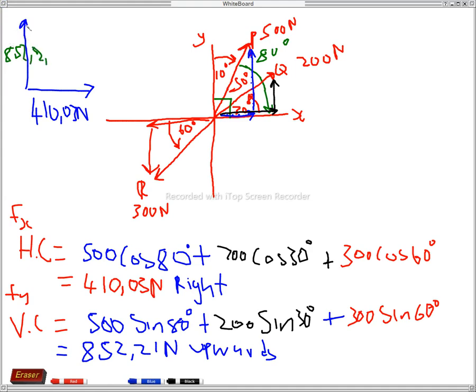It doesn't matter if you don't see it, the value is right here. It's newtons as well, and we have to determine the direction of the resultant now, because we have the sum of the vertical as well as the sum of the horizontal.